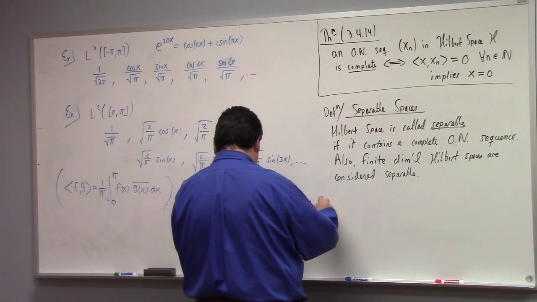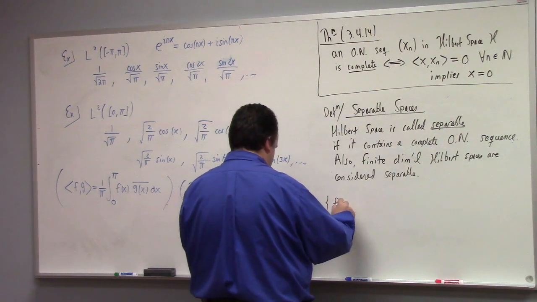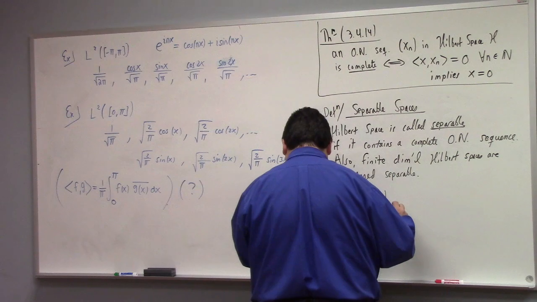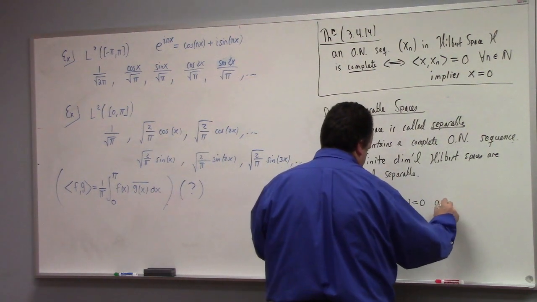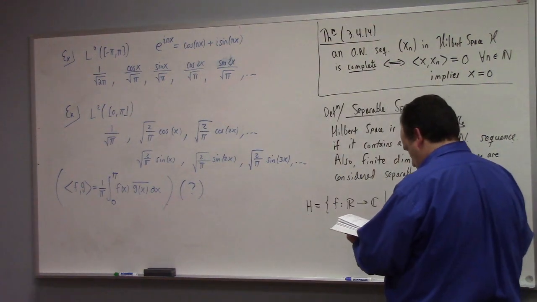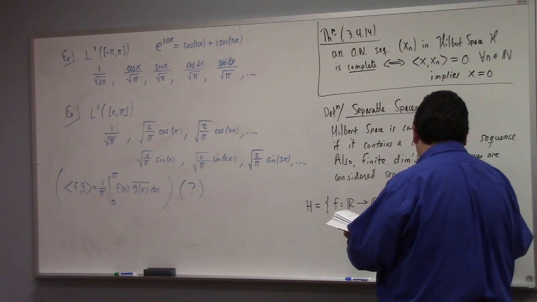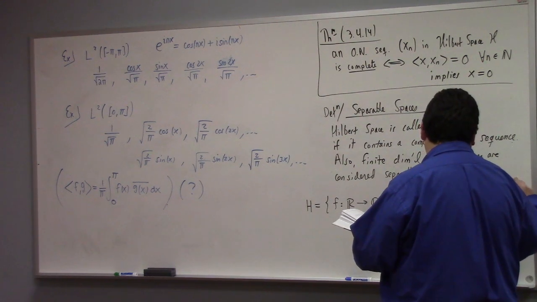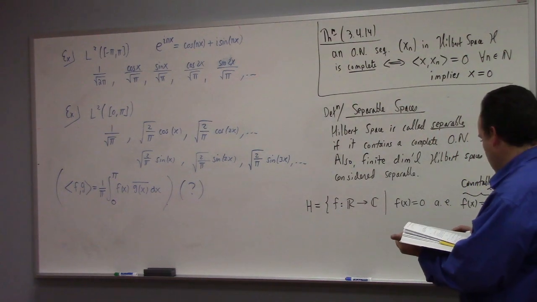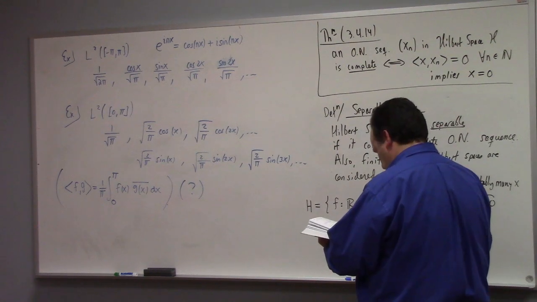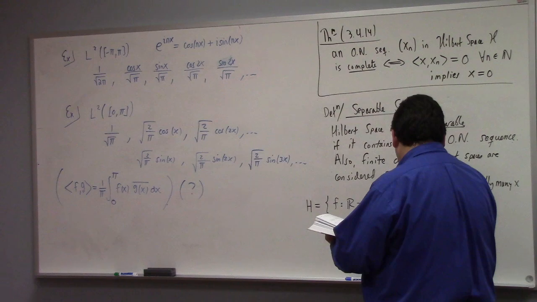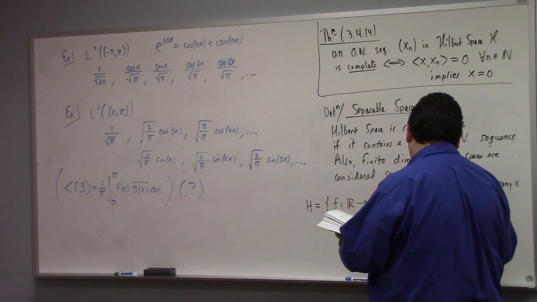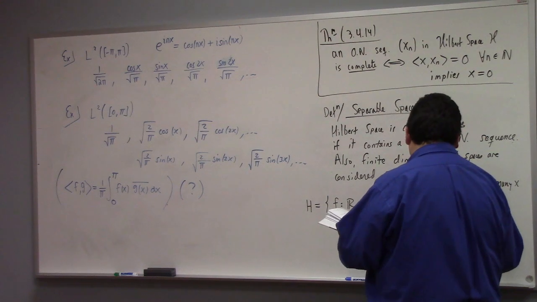So H is equal to the set of f from R to C such that f of x is equal to 0 almost everywhere, and f of x is nonzero for countably many x, and such that, man, he's got lots of terms and conditions here, the sum over f of x not equal to 0 of the complex modulus squared of f of x is finite.